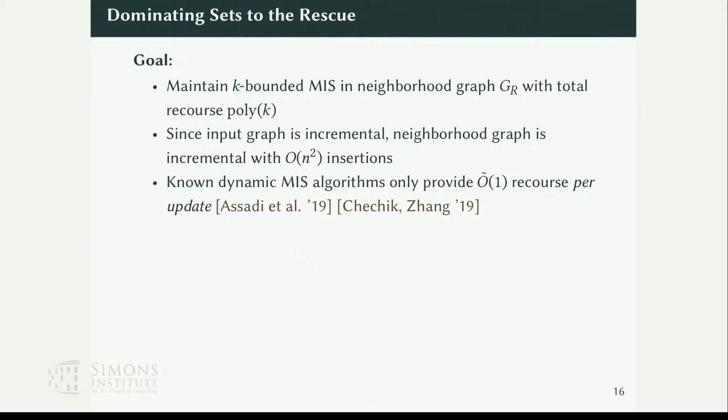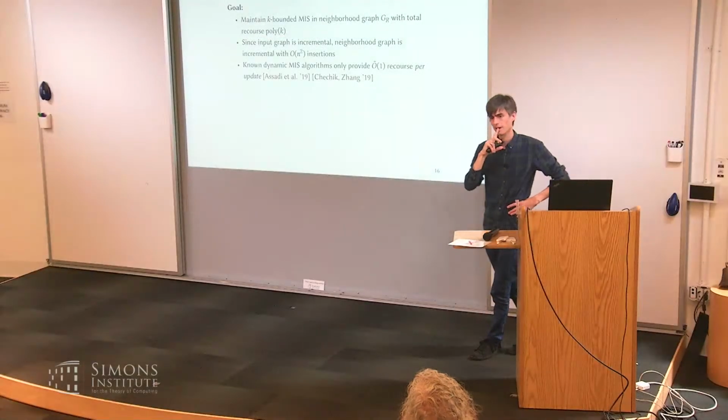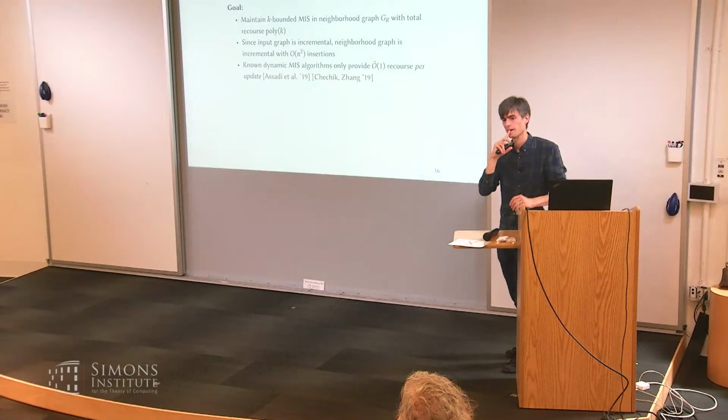I'm not sure about the recourse of the MIS algorithms. I mean, they have polylogarithmic update time, so that trivially bounds the recourse. No, because the paper of Chechik and Zhang, and also of Sohail and others, are using multiple copies.